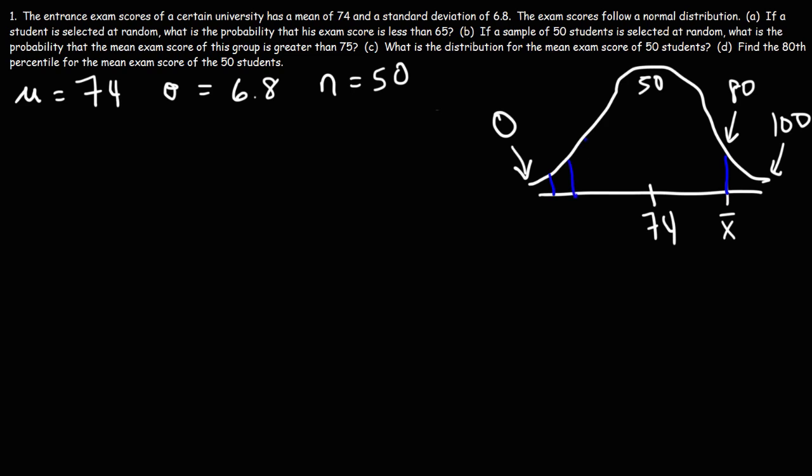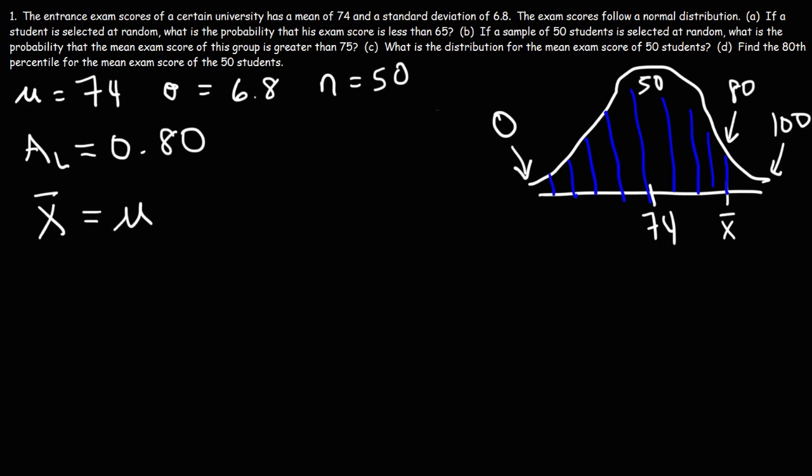Now when dealing with the 80th percentile, the area to the left is going to be 0.80. So what we need to do is use that to calculate the z-score. Because once we have the z-score, we could use this formula to calculate x bar. x bar is going to be the mean plus z times the standard error.